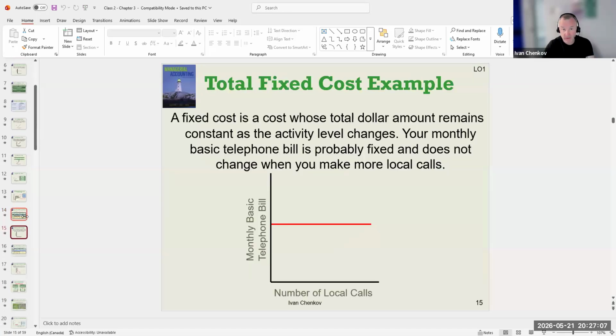Now let's think about the fixed cost. Fixed cost can be a monthly pass for public transit. It can be a ticket for a ski pass, a day pass for skiing. It can be rent. It can be your telephone bill.